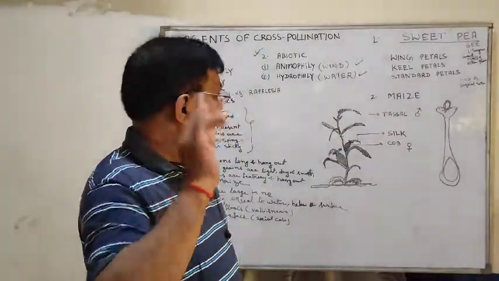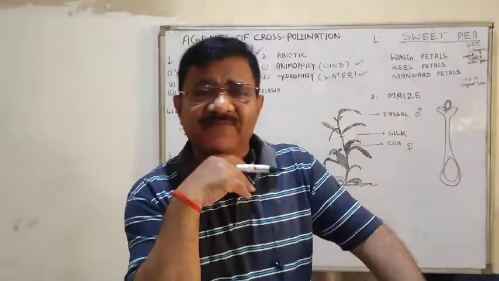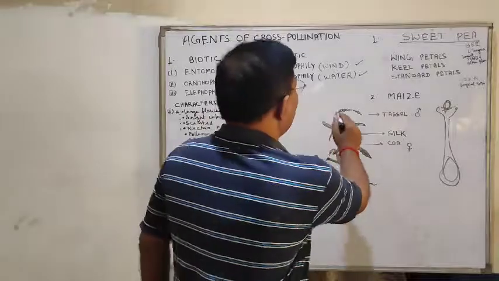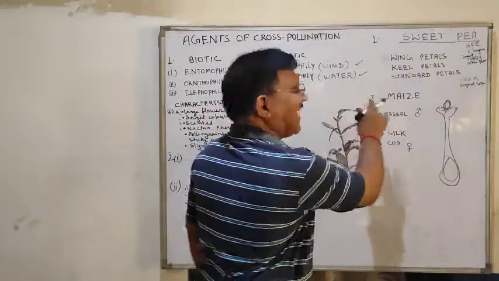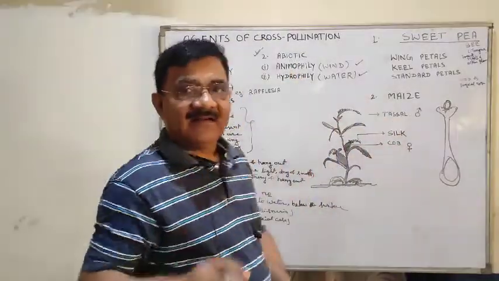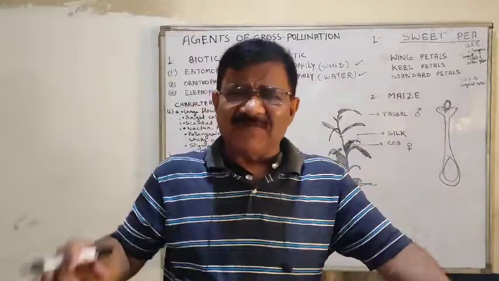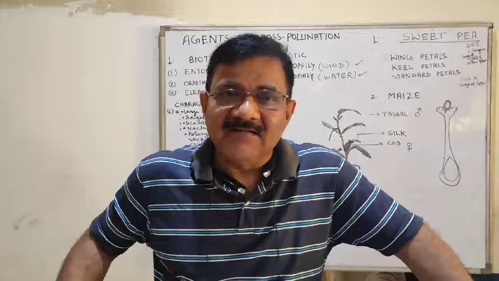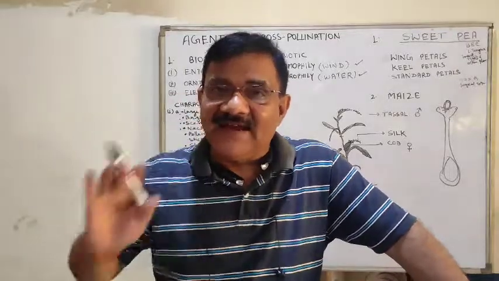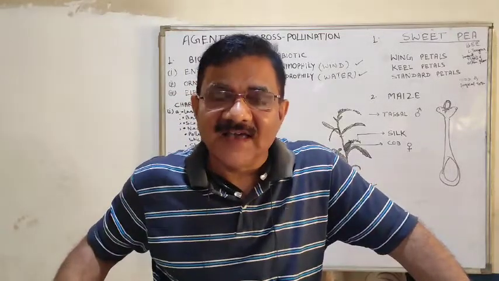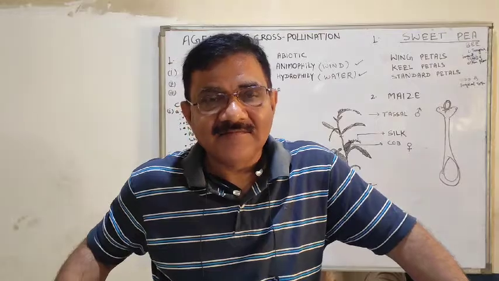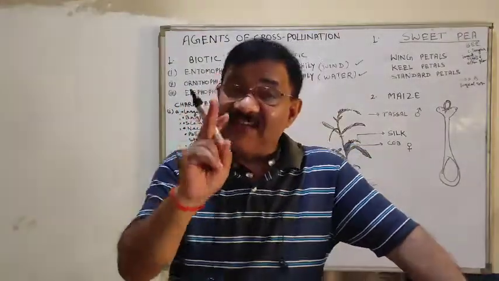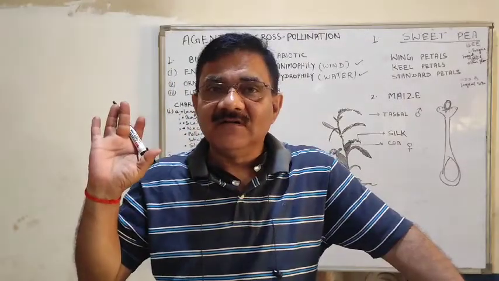See, the maize flower. If you have seen the maize flower, you must have seen something hanging out on the upper part. The part which we eat, makai, bhutta, is the female part of the flower.